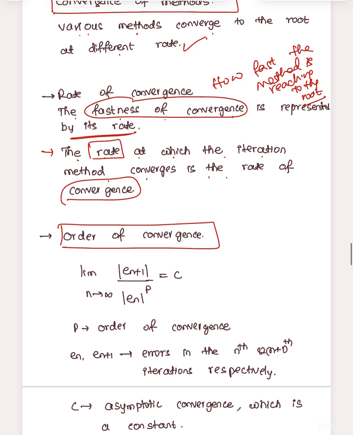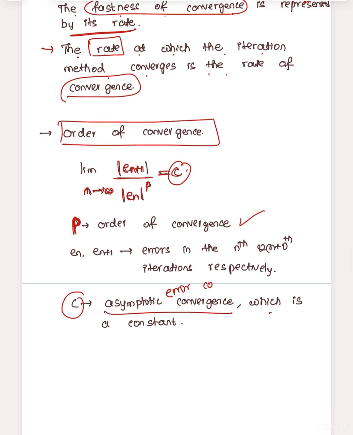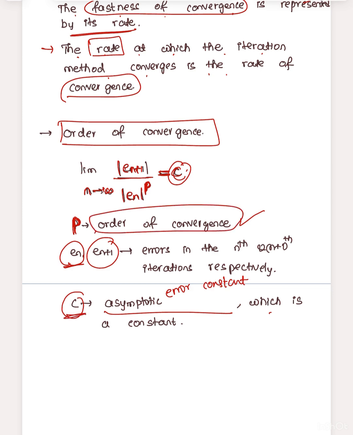If you have a limit as n tends to infinity of the absolute value of the error in the (n+1)th iteration divided by the absolute value of the error in the nth iteration raised to the power p, and this limit is equal to c, a constant, then p is called the order of convergence or rate of convergence, and c is called the asymptotic error constant.